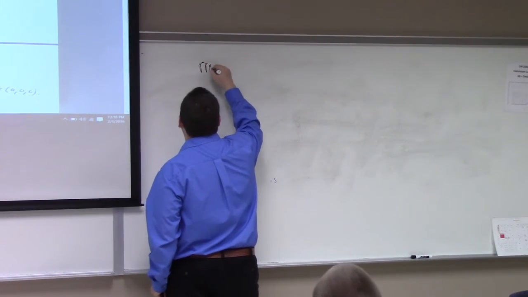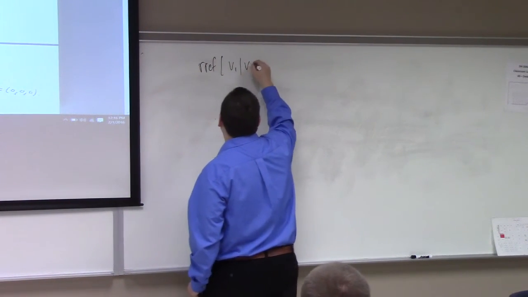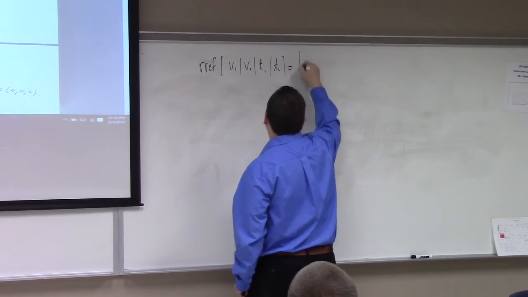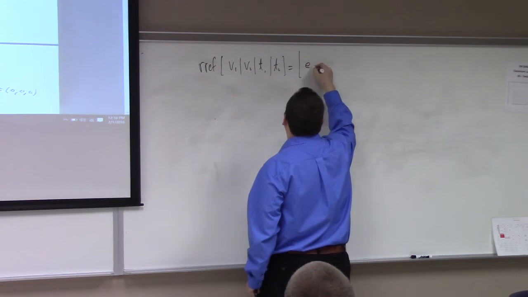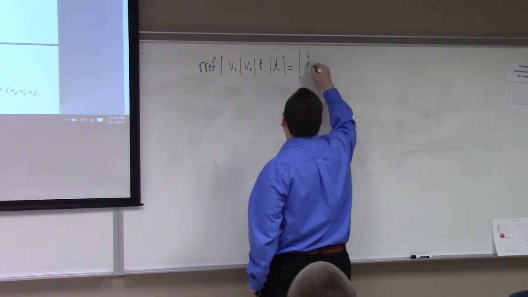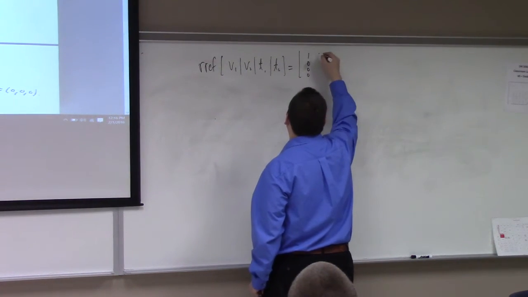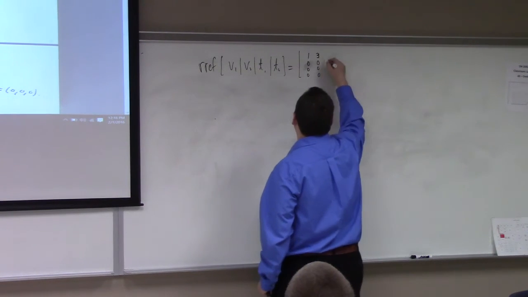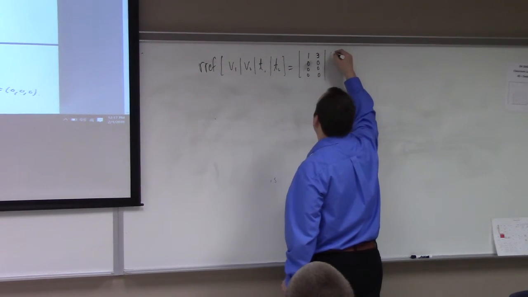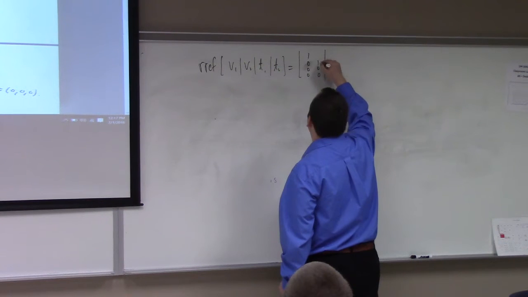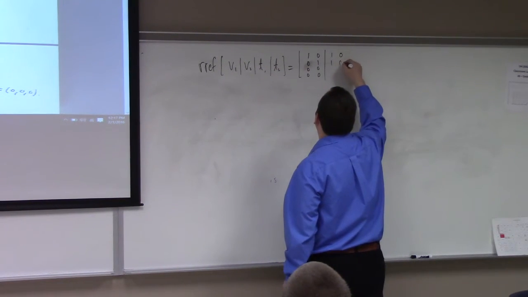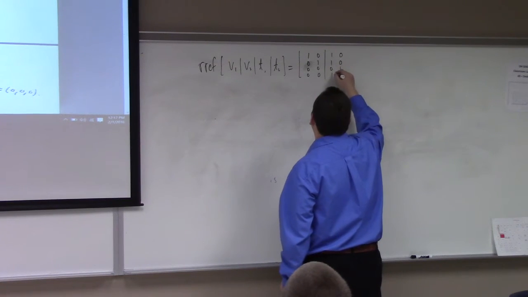Suppose you're given that the reduced row echelon form of V1, V2, T1, T2 equals, I don't know, 1, 1, 1, 0, 0, 0, 1, 3, 0, 0, 0. Oh, that's too stupid. Make it 1, 1, 1, 0, 0, 1.